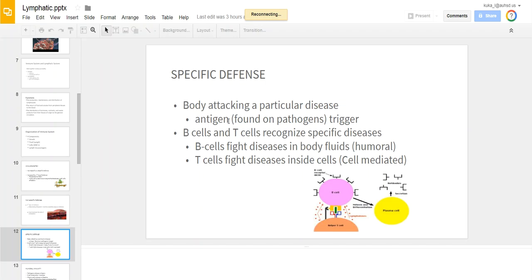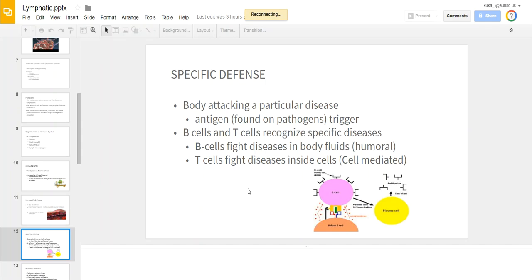We have certain cells that go through the blood and the tissues, and if they detect these antigens on a foreign body, it will trigger a defense. So we have B cells and T cells. There are lots of different types of B cells and T cells. Those will recognize specific diseases and go after them.